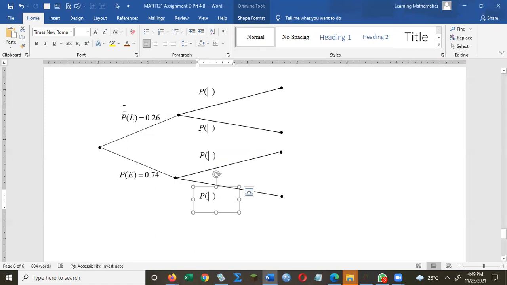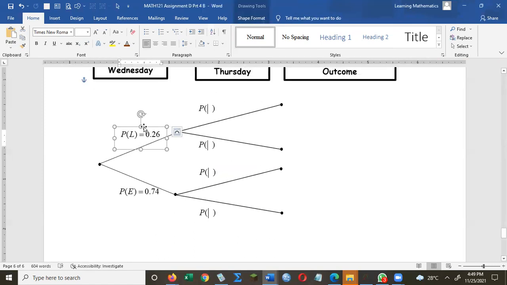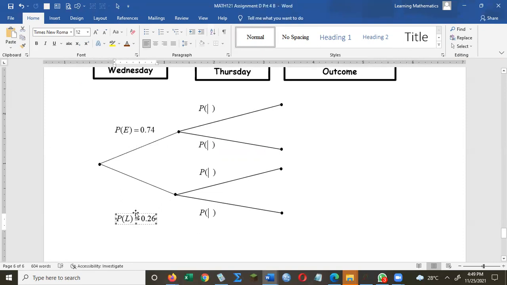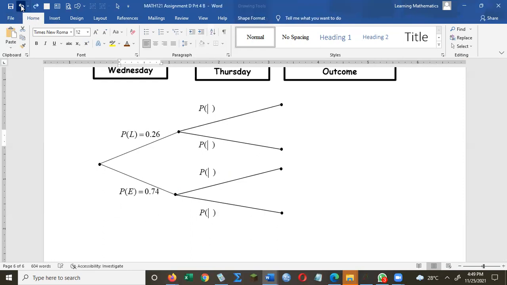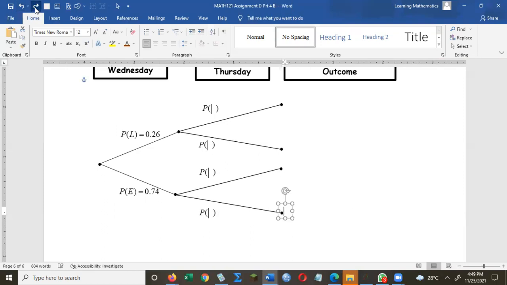If I had done it the other way, and you don't have to put late on top, you can put late below, then I could type late on a Wednesday here. But that's not how we did it.